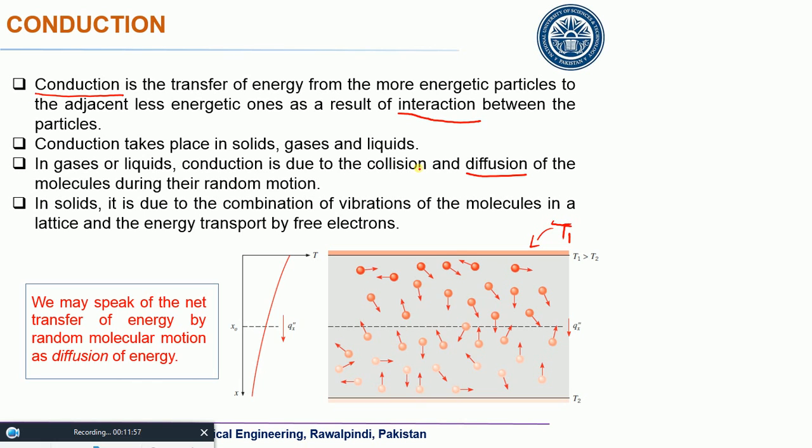But in case of liquids and gases, molecules can travel from one point to the other, because the intermolecular forces are very small. So in gases or liquids, conduction is due to collision and diffusion of the molecules during their random motion. But in case of solids, it only occurs due to collision, right?